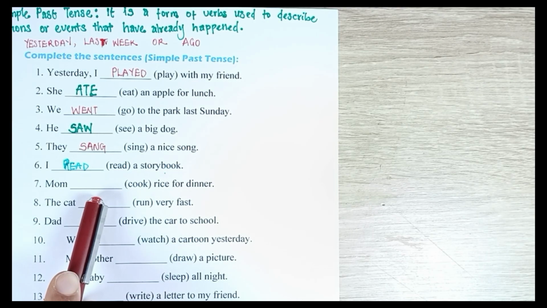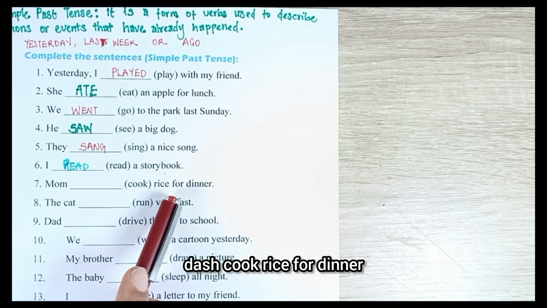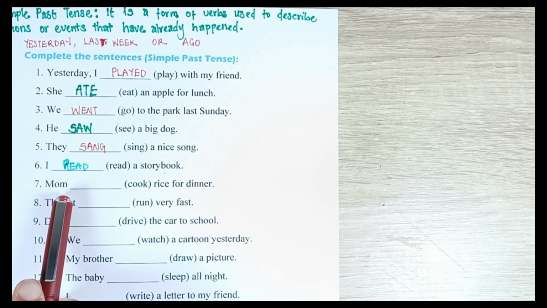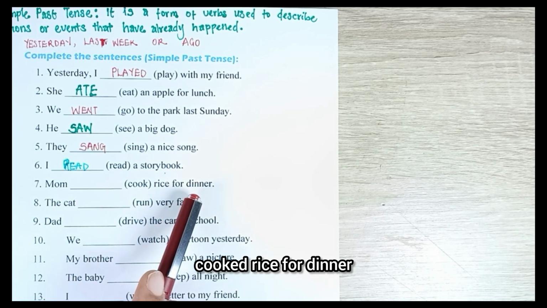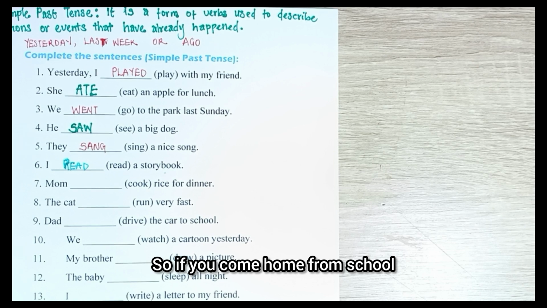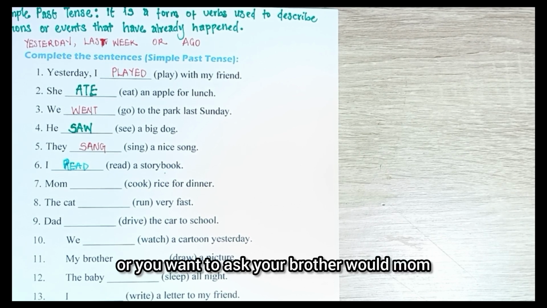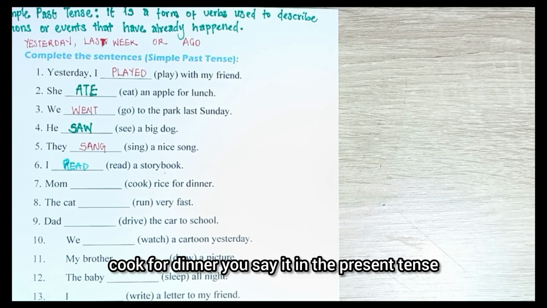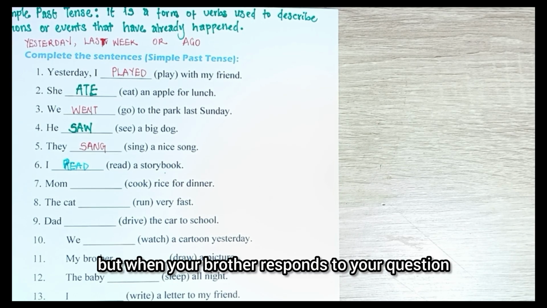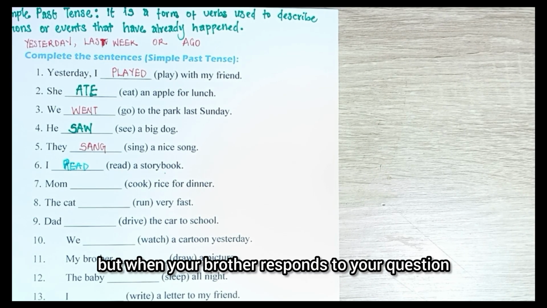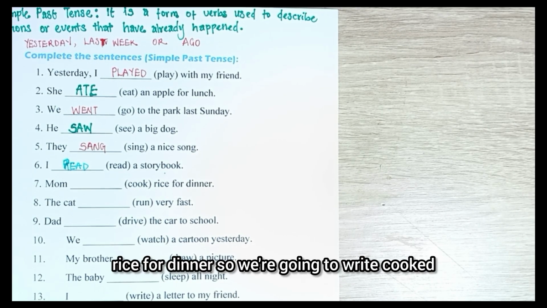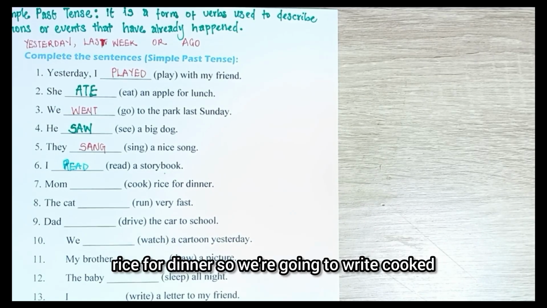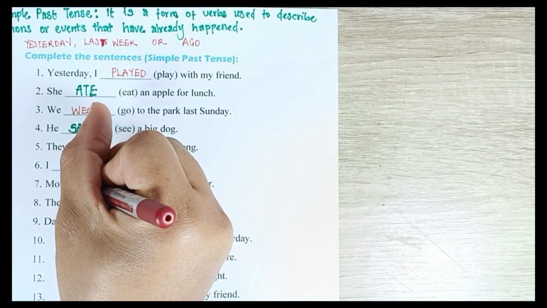Mom dash cook rice for dinner. Mom cooked rice for dinner. So if you come home from school and you want to ask your brother what mom cooked for dinner, you say it in the present tense. But when your brother responds to your question, he will respond in the past tense. Mom cooked rice for dinner. So we're going to write cooked.